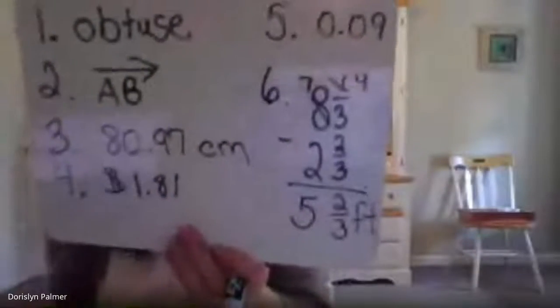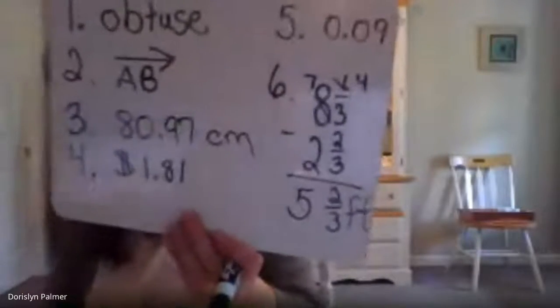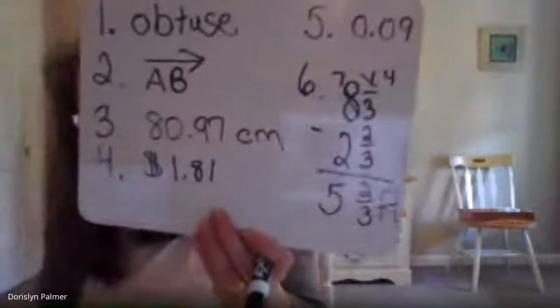Okay. Our next section is on classifying triangles. So there are 3 types of triangles, and you've heard these words before: an acute triangle, an obtuse triangle, and a right triangle. So look in your book on page 556.